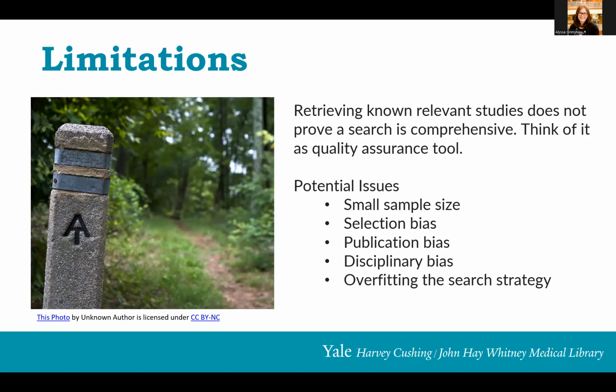Okay, so I think this is one of the more important limitations: overfitting the search strategy. Sometimes researchers become so focused on retrieving their known studies that they unintentionally tailor the search too narrowly. The results of that search may perform well on the validation set, but poorly in the broader literature.